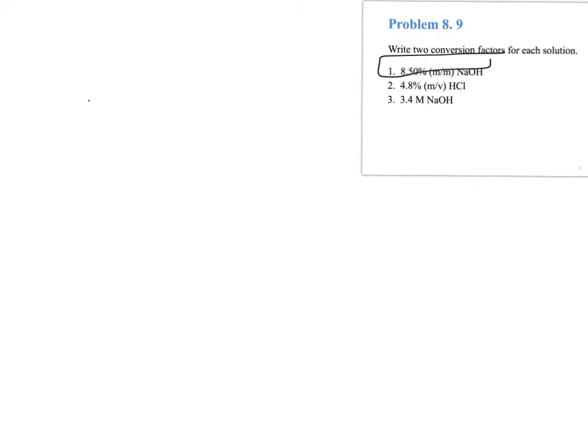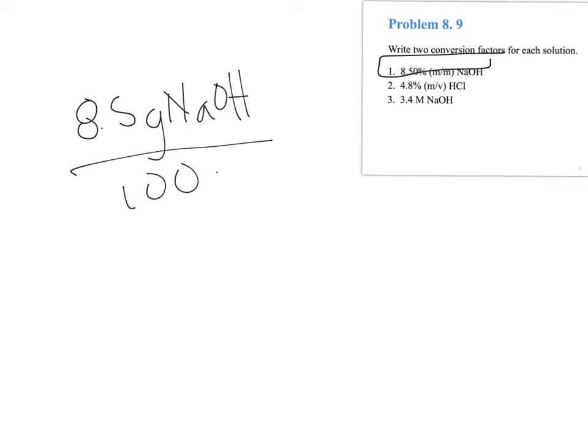So we could say we have 8.5 grams of sodium hydroxide over 100 grams of solution. A different conversion factor will be flipping this over here. So we'll have 100 grams of solution over 8.5 grams of sodium hydroxide.